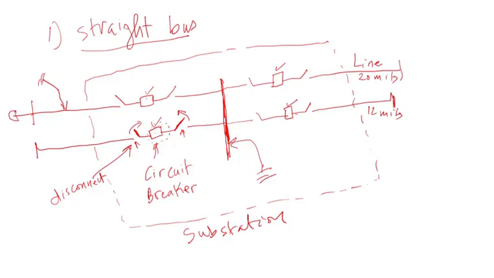But let's assume this breaker somehow could not trip. That means it will transfer the trip to this breaker, this breaker, and this breaker. That means if any of these breakers somehow cannot trip, they're going to cause an outage to the entire station. So those are some disadvantages of a straight bus.